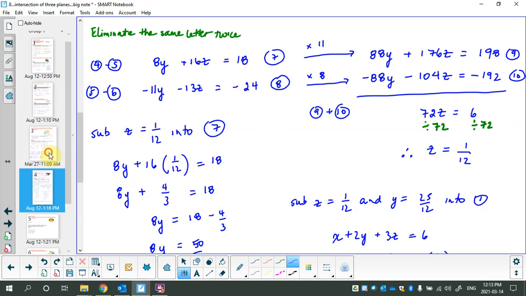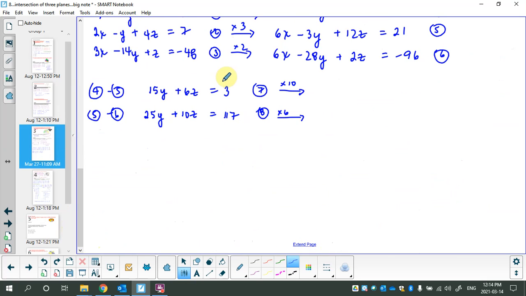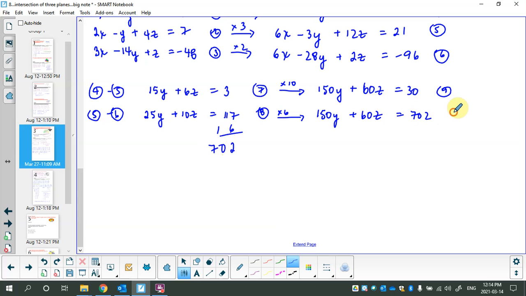This time I am eliminating the x's, then eliminating the z's, because my numbers are kinder by not very much. So 150y plus 60z equals 30. And times 6, 150y times 6, 60z equals 702.